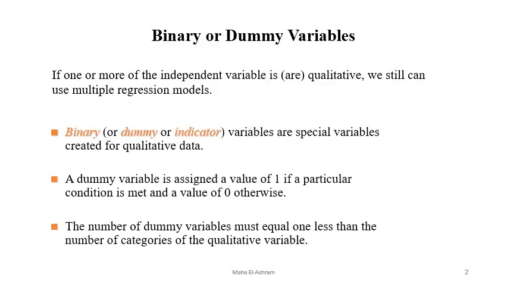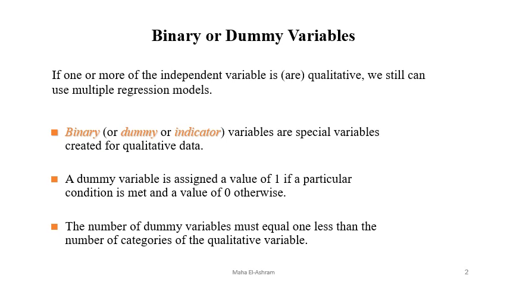Now, if some of the variables that have an effect or that have a relation with the dependent variable are qualitative variables, sometimes one or more variables, we still can deal with this situation and use regression analysis or use a multiple regression model to represent the relation between the dependent variable and the independent ones.